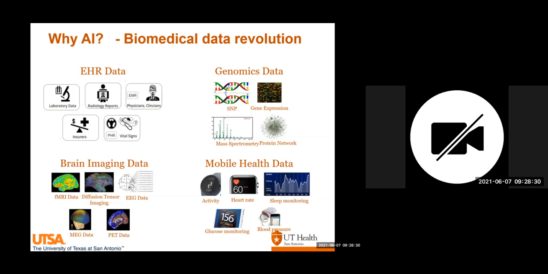In biomedical research, advances in high throughput biomedical equipment, such as high throughput sequencing, which I'll show you in the next slides, ubiquitous health-related wearable devices, and the concerted effort by hospitals and federal agencies to collect electronic health records, genomics, brain genomics, brain imaging, and mobile health data have provided a fertile ground for applying deep learning.